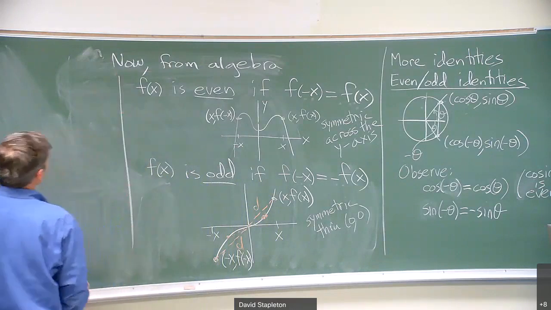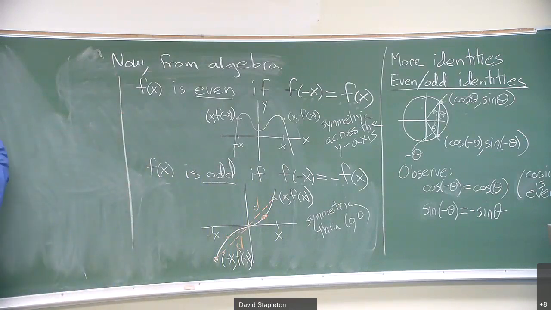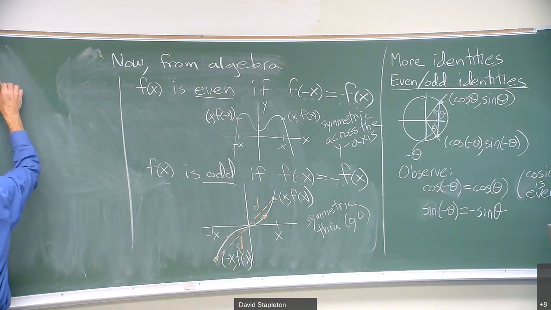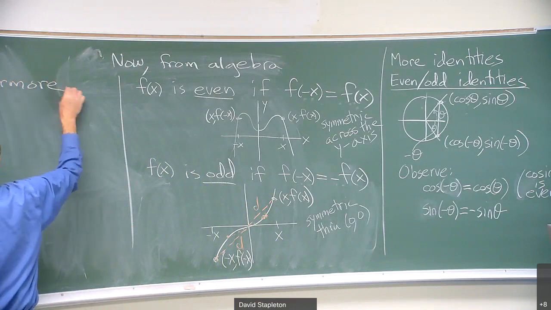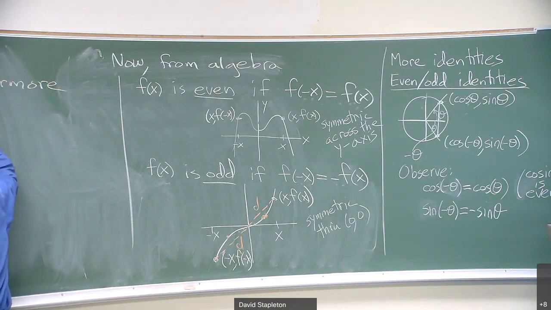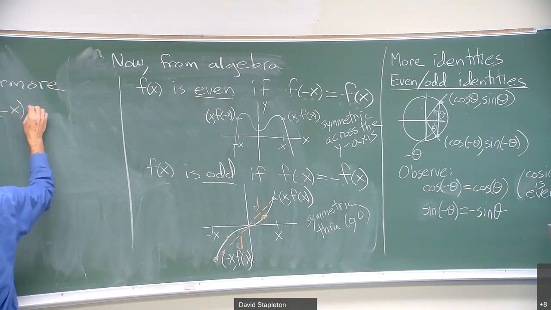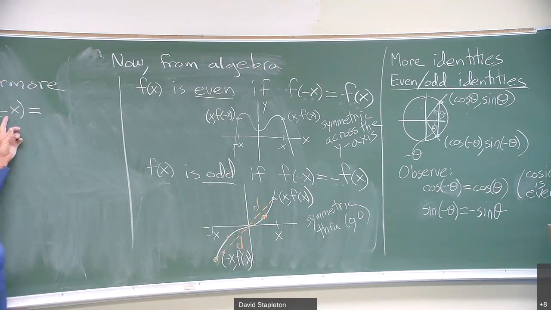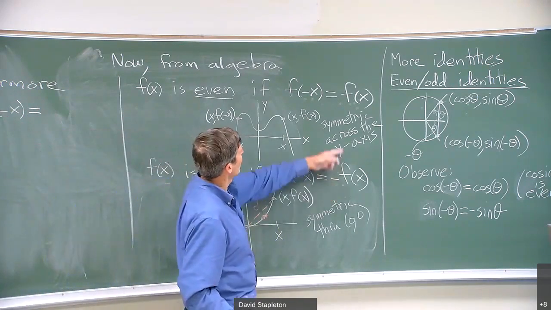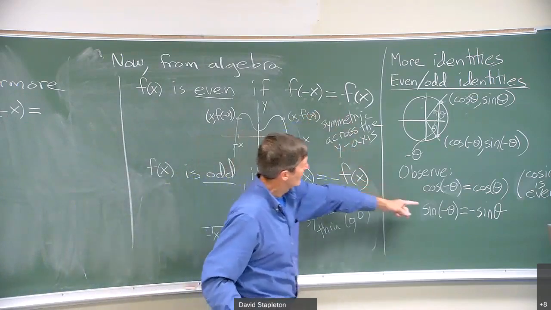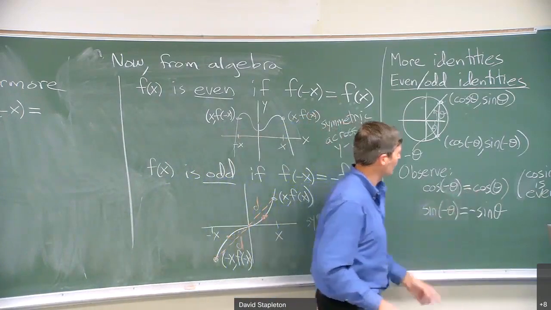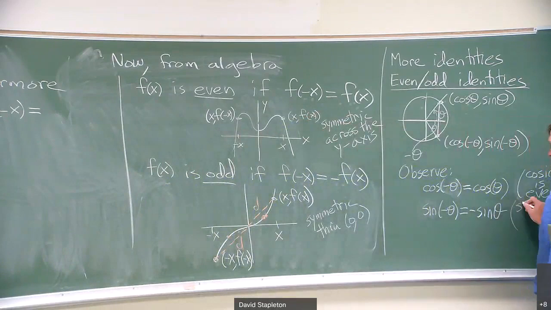So let's see about the other trig functions. So furthermore, every trig function is either even or odd. For instance, tangent of x. If I take tangent of minus x, do I get the minus coming out like I did here, or the minus going away like I did here, right? Sine is odd. I should have written that on here. Sine is odd.